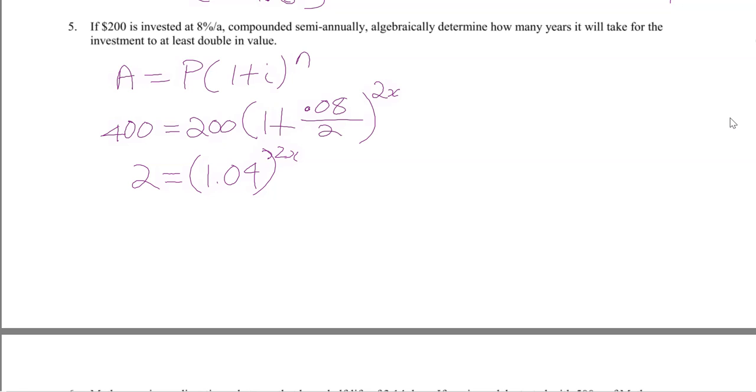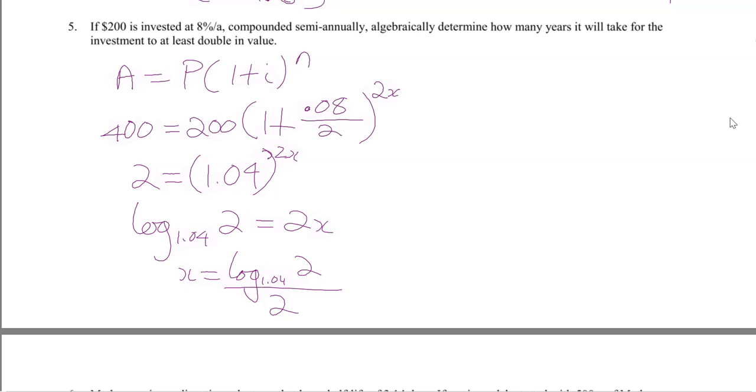Right? So it's just 1.04 to the 2x. Okay, so you know how to do this now, right? Now it's a log. So log base 1.04 of 2 is equal to 2x. So x will be the log base 1.04 of 2 divided by 2.